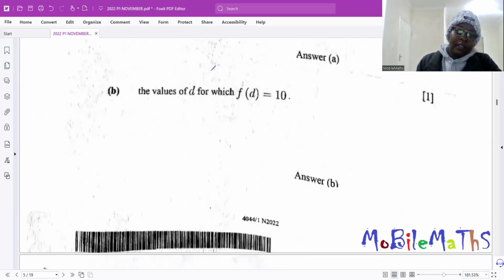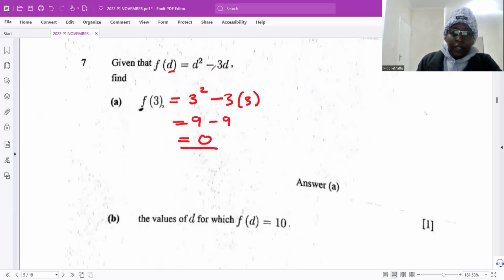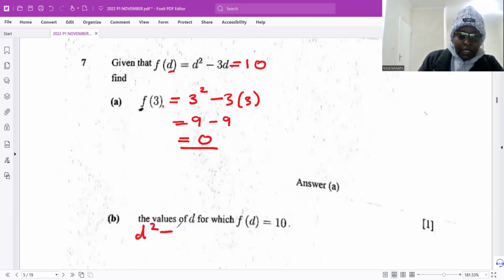Now they say find the values of d for which f of d is equal to 10. So f of d, we are simply saying this whole thing here is now equal to 10. So I can just come and rewrite it and say d squared minus 3d. Now I can take this 10 to this side. It will be a minus, okay?